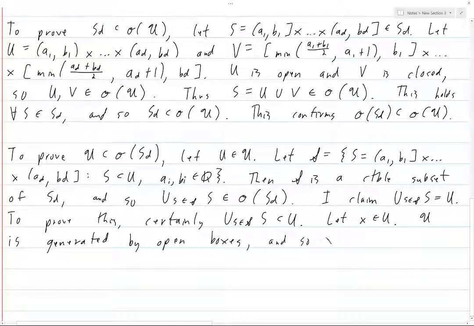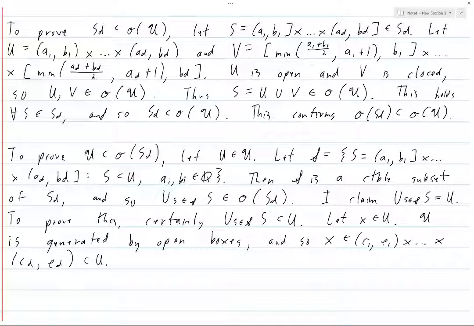And so X is contained in (c1, e1) cross all the way to (cd, ed), and the reason I use c and e instead of c and d is because we use d for the dimension. Because open boxes form a base for the standard topology on R^d, we can put X in an open box which is contained entirely in U.